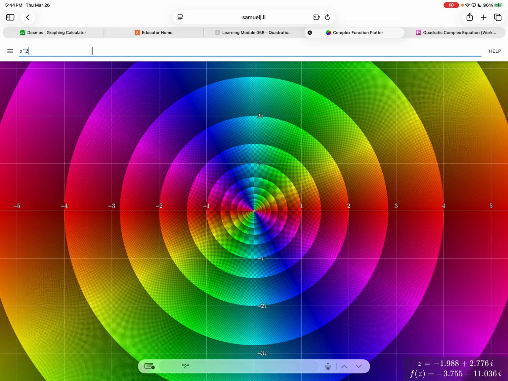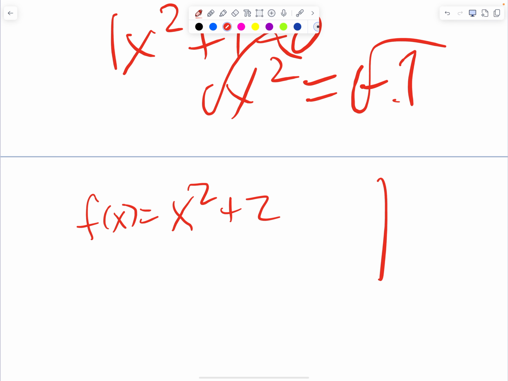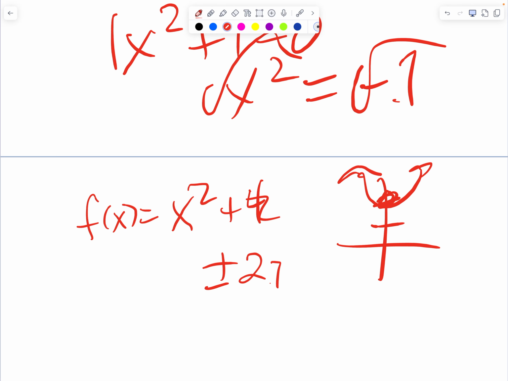Let's move our parabola, our x squared, up where it's not touching anymore, right? Consider this example. F of x is x squared plus 2. Okay, 1, 2. Boop. Oh, the zeros are imaginary numbers now, right? Here we could do plus 4, right? So that the zeros would be positive, negative 2i. Yeah? All right, watch this.